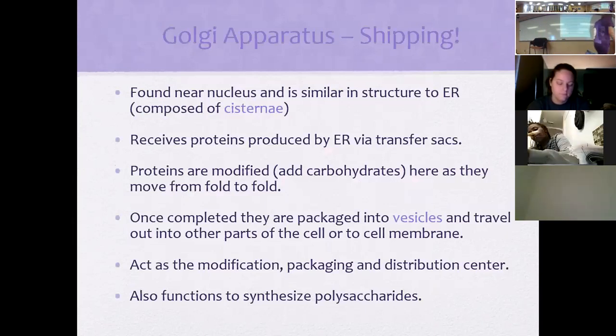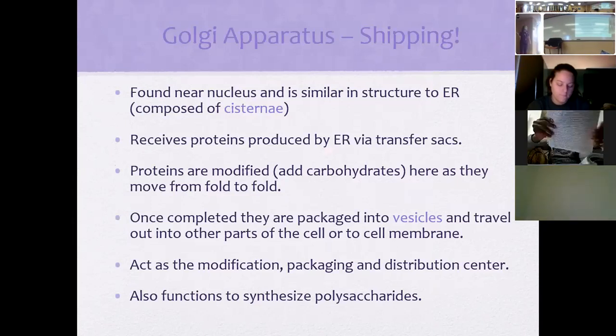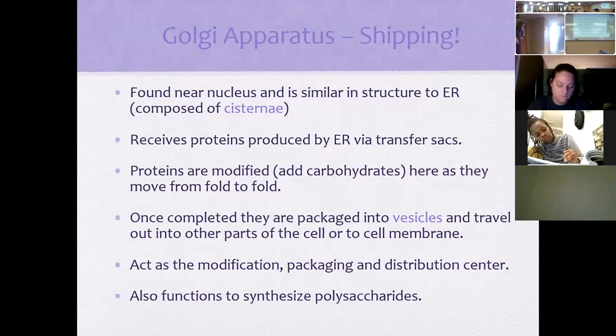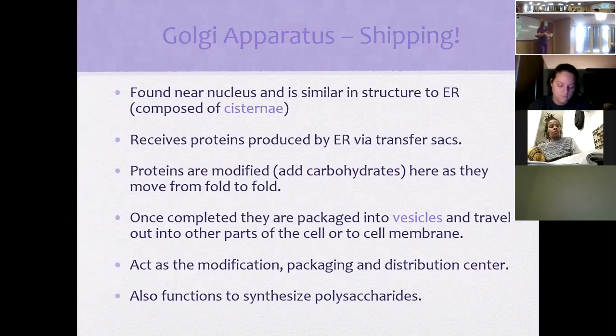The Golgi, what did we compare the Golgi to? FedEx. So we've now got our ribosome has created a protein, now what? Yeah, I gotta ship it out. Now we gotta ship it wherever it needs to go. And so I put it in its little vehicle. This vehicle is called a vesicle, which is a void. And this little void will take it to the Golgi, and the Golgi will decide, okay, this has got to be shipped outside of the cell, or this has got to be shipped somewhere else within the cell.